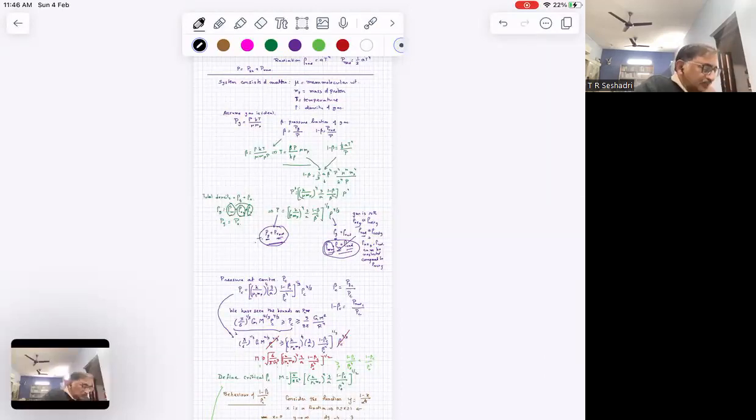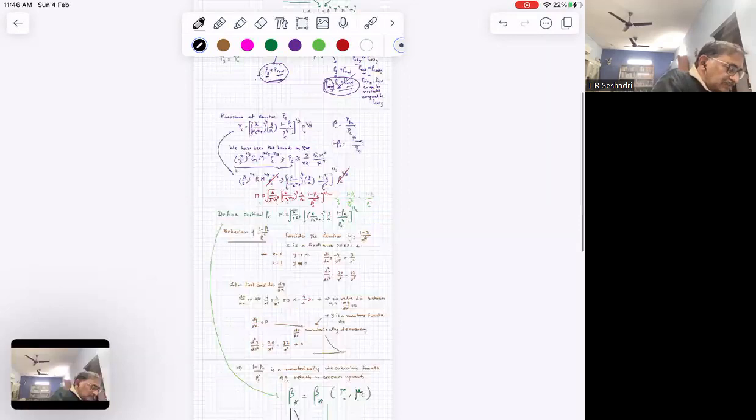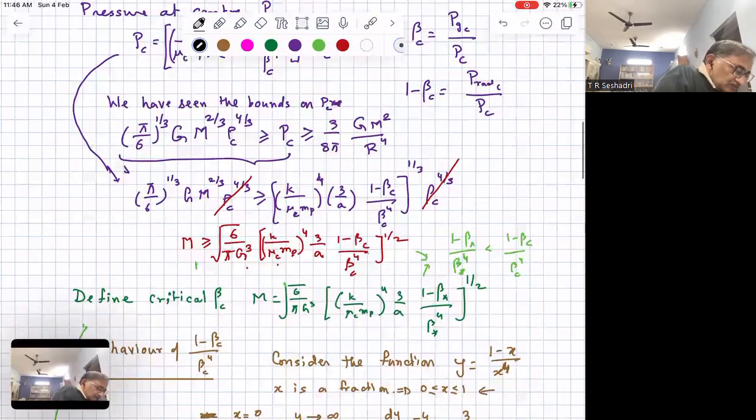The beauty about this formula is that there are so many parameters in the star, but it says that if I know the gas fraction and roughly the mean molecular weight, I can tell you that you can't have a star of a mass lesser than this amount.